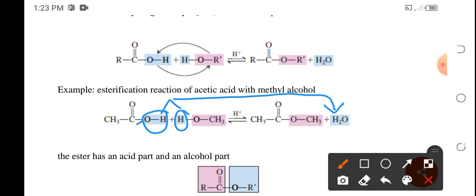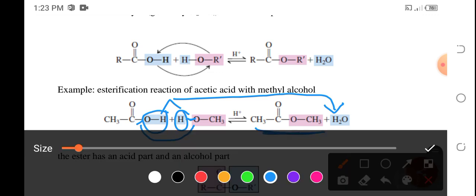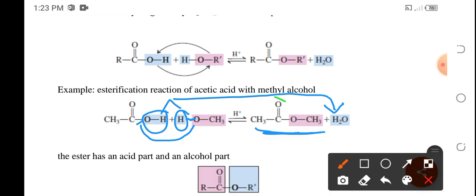And with this open bond here as well as in this part of the alcohol, these will form a linkage and they're going to produce the ester. So this CH3C double bond O is the acid part and the OCH3 is the alcohol part.